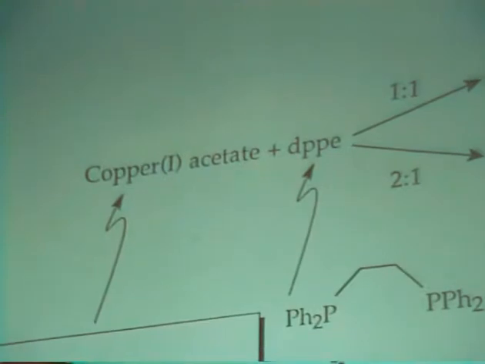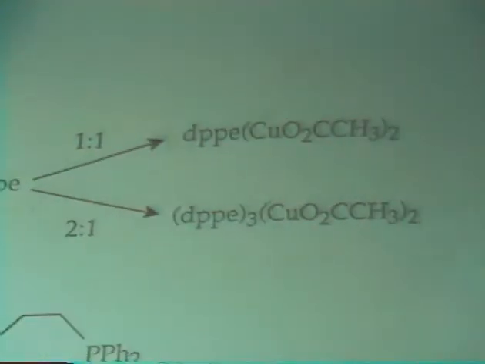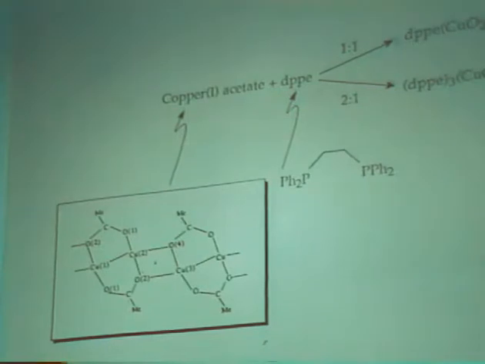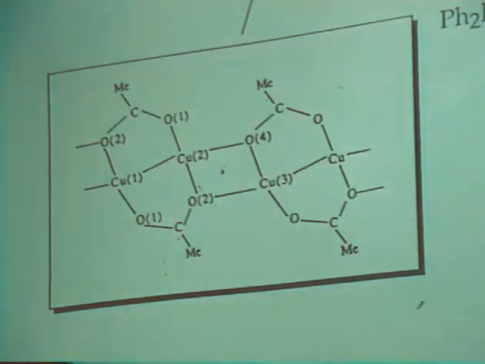On the other hand, if one now goes to copper-1 acetate, I should have pointed out all those copper complexes are copper-1 complexes. If we go to copper-1 acetate, which is basically a planar dimer, and there's weaker copper-oxygen interactions between dimers, that is, there's an extended structure.